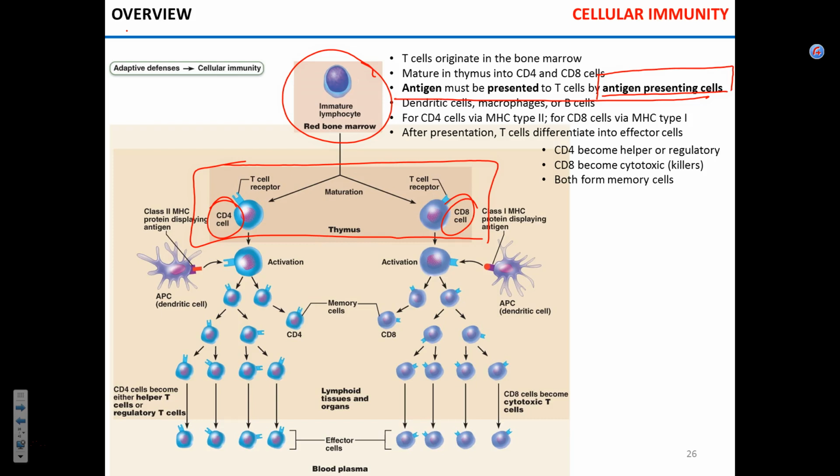The most important type of antigen-presenting cells are dendritic cells. And also macrophages and B cells. So these are three types of antigen-presenting cells: dendritic cells, macrophages, and B cells. You with me?